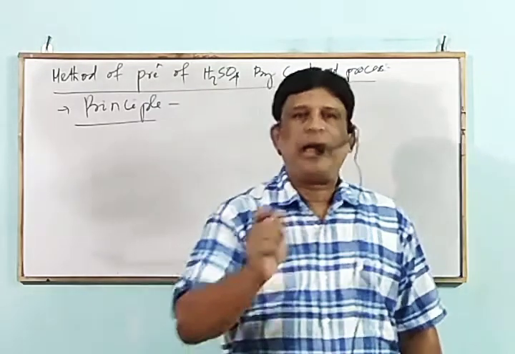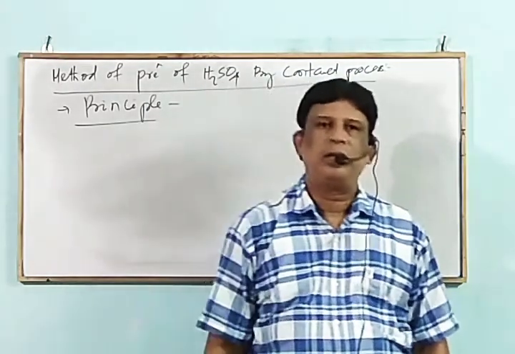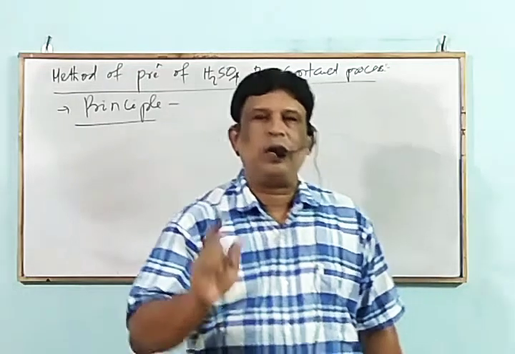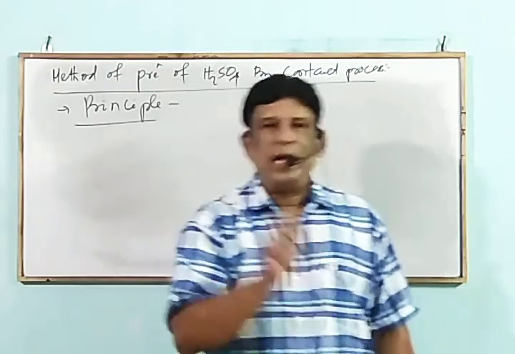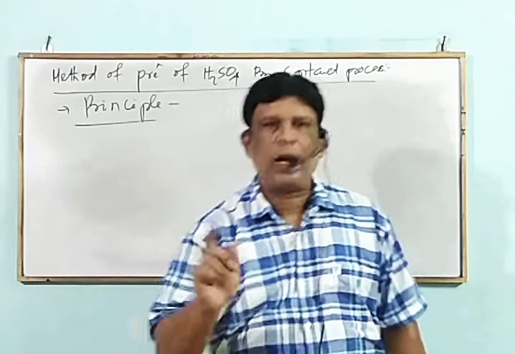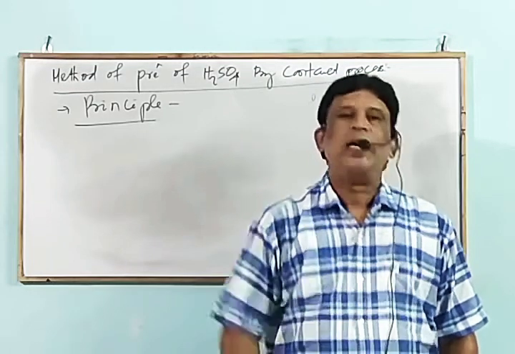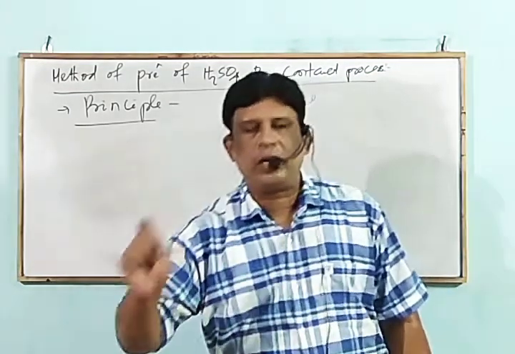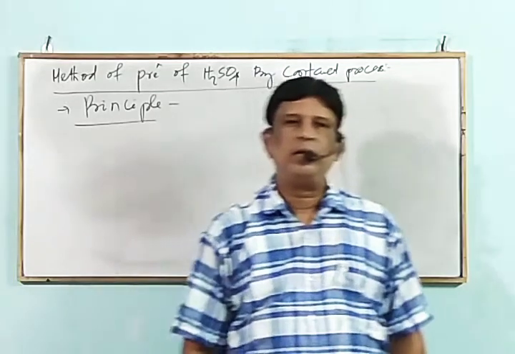The sulfur dioxide which is formed by the combustion of sulfur or by roasting metal sulfide, that is iron pyrite, is converted to sulfur trioxide. I repeat again.